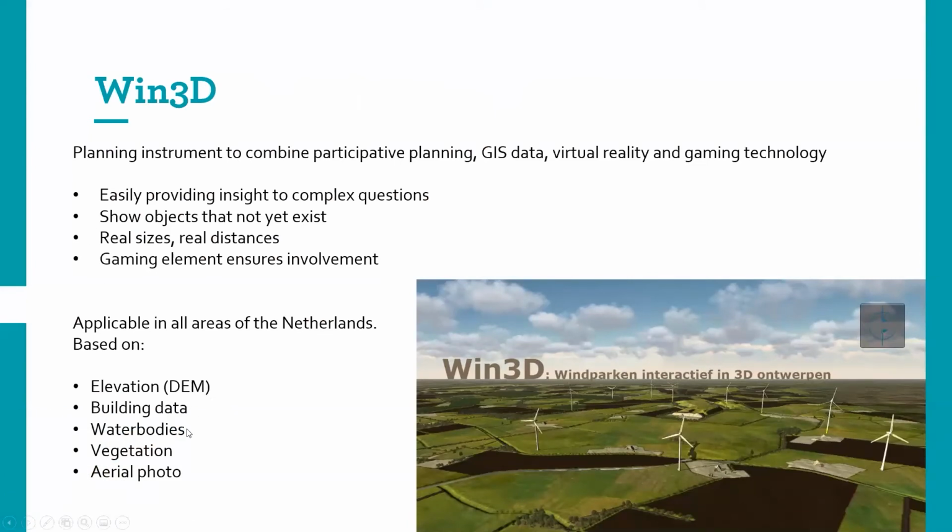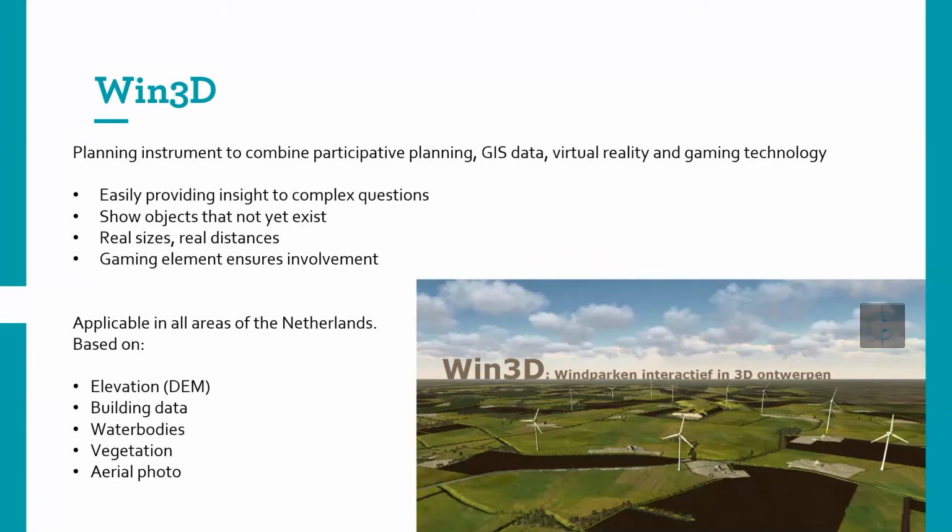We need the building data, water bodies, vegetation, and aerial photo. Well, vegetation is not really a must-have. We can also draw that in, but then it's really useful if we have aerial photo. And depending on the size of the study area, you do not want to do everything manually.